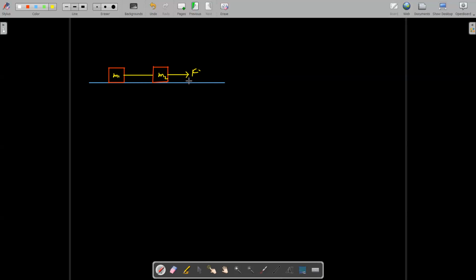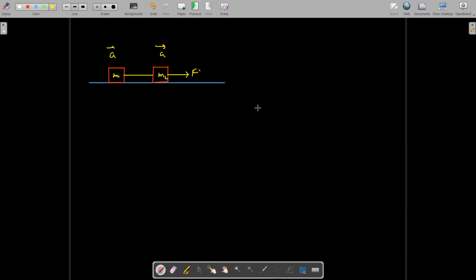Will the acceleration be the same? It will be the same, right? So the acceleration here will be the same as the acceleration here. Both will speed up or slow down to the same value, right?